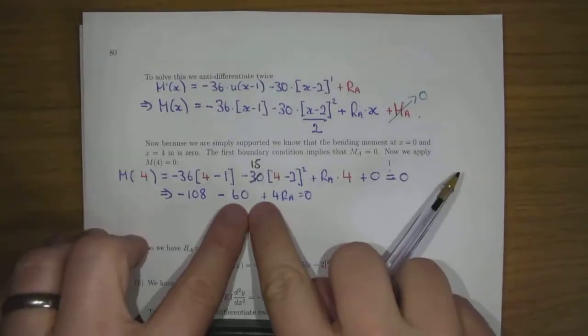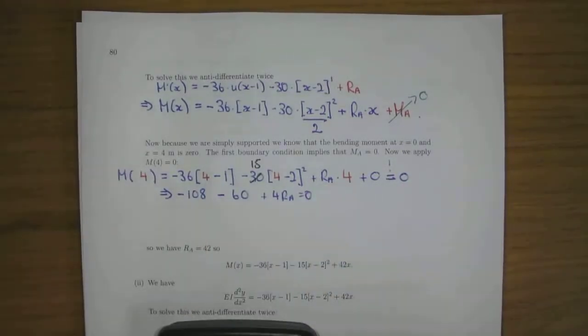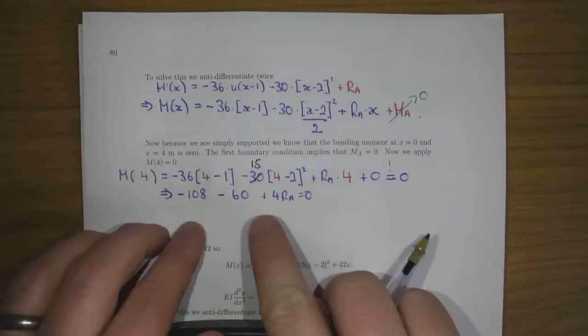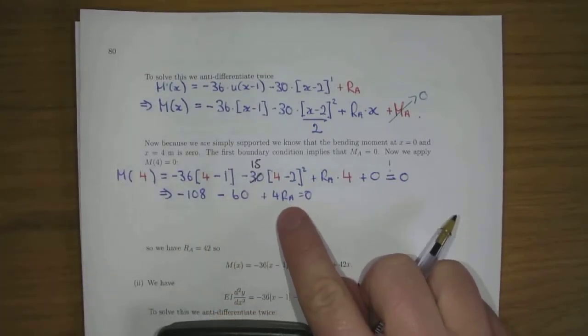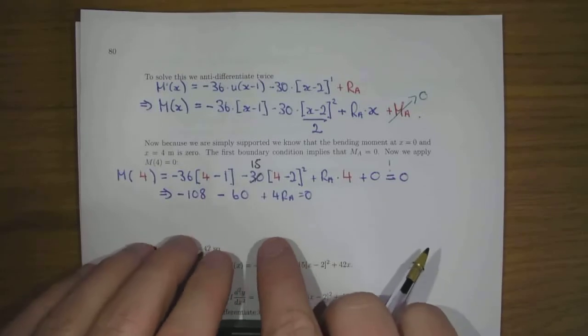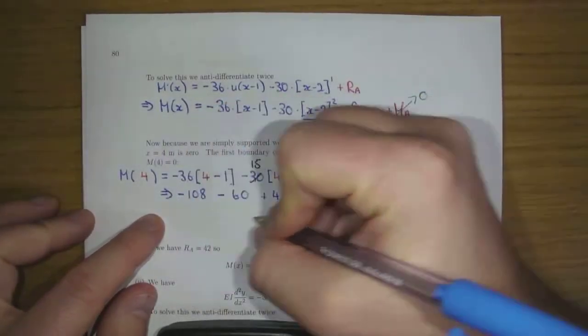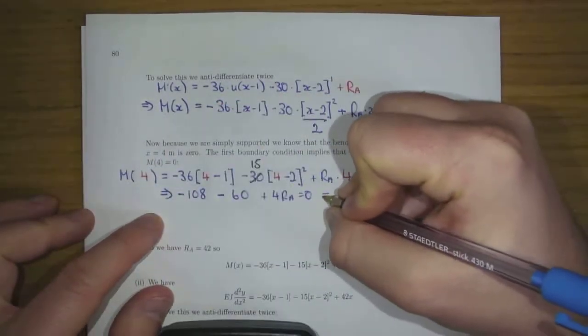So, for example, solving equations is a thing that people mess up all the time. So here I've got minus 168. I'm trying to find RA on its own. So what I should do is get rid of the minus 168. And to get rid of the minus 168, you apply the inverse, which is adding 168. So I'm going to add 168 to both sides here.